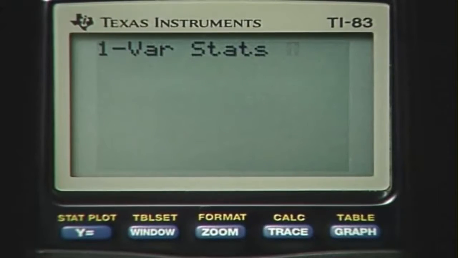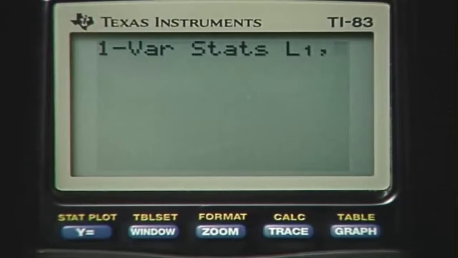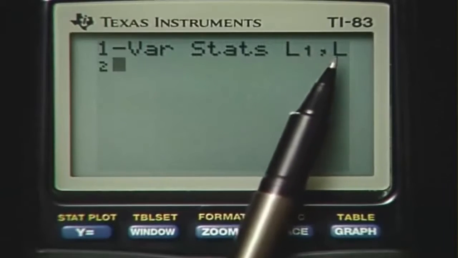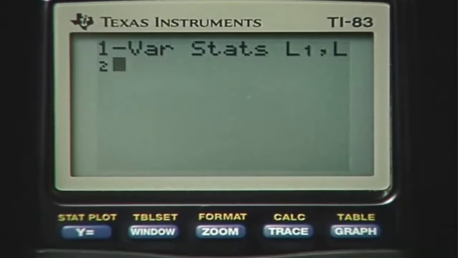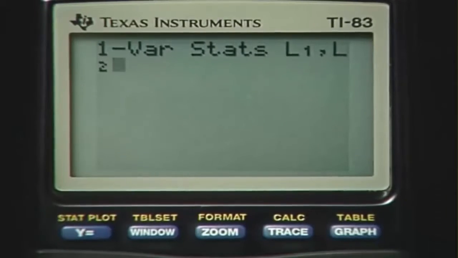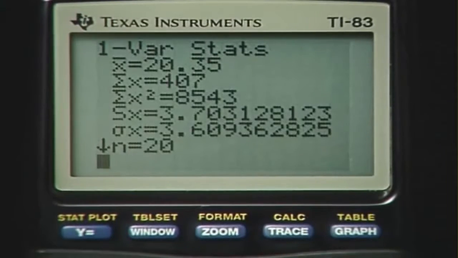I'm pressing second function number 1, which is L1, then a comma, and then L2, second function on the number 2. The basic entries are in L1 and their frequencies are in L2, and this tells the calculator where to find the information. Now we press Enter, and here's all the information for us.